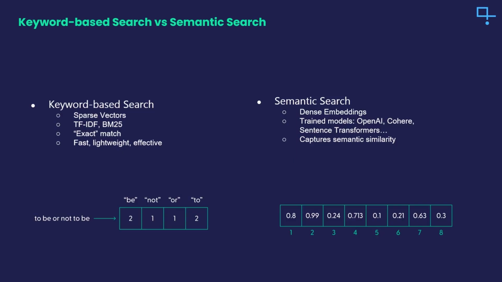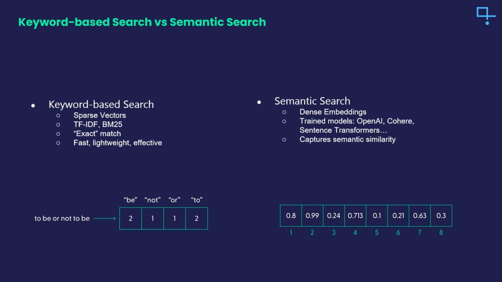So keyword search, two of the most common algorithms out there are probably TF-IDF and BM25, and these approaches look at a set of words and they approach them as a bag of words. So it doesn't really matter what order these words come in. It says here exact match. I put them in quotations because that's not entirely true these days, because we do have keyword-based search algorithms that are really good with synonyms, for example.